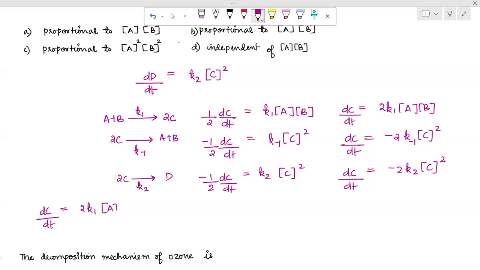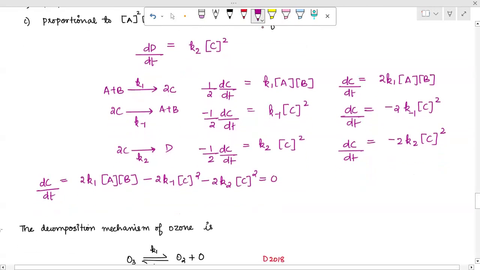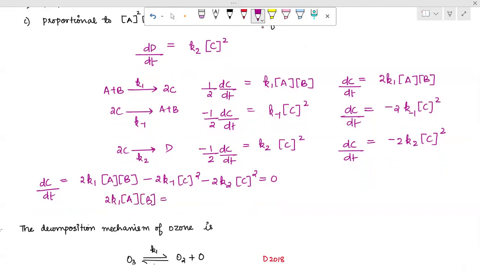Now I can combine all these and get the cumulative effect of dC by dt, that is equal to 2K1 A into B minus 2K inverse C squared minus 2K2 C squared is equal to 0. So if I rearrange, 2K1A into B is going to be equal to 2K inverse plus 2K2 into concentration of C squared.